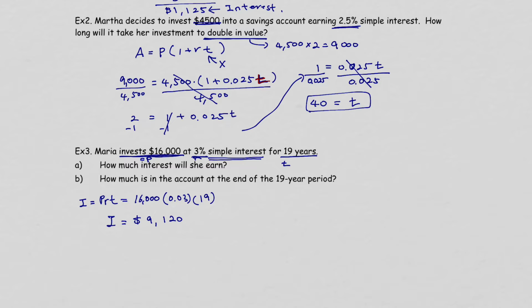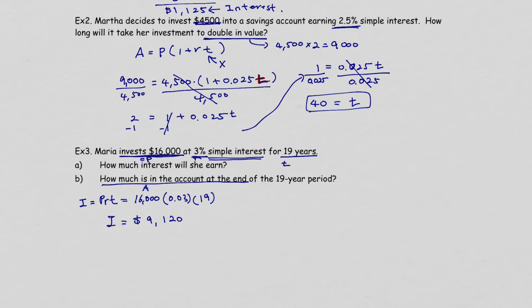And then B is asking how much is in the account at the end of the 19-year period. So this is asking for what is the total amount, right? So that's asking for A, the amount.